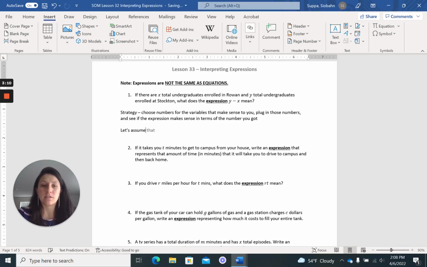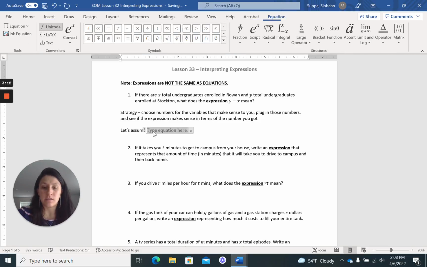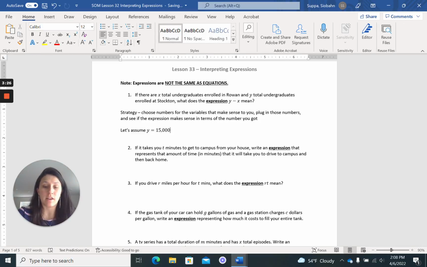So let's assume, and now we're going to do some assumptions in terms of the real life situation. If we're thinking about students at Rowan University, how many students are there? Let's just go with 15,000. I don't know how many students there are. I'd have to look that up, but that's a fair estimate for the number of students at a small college.